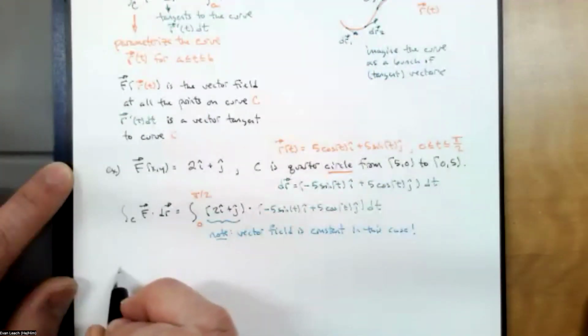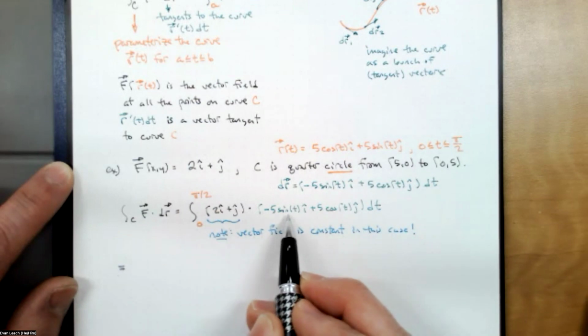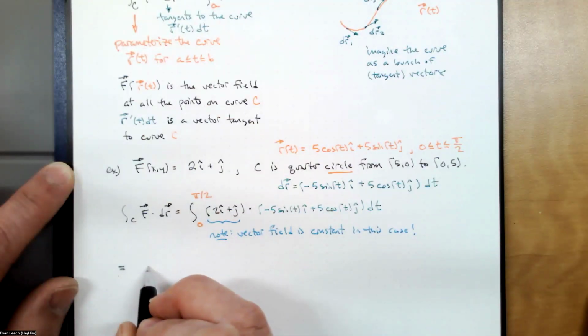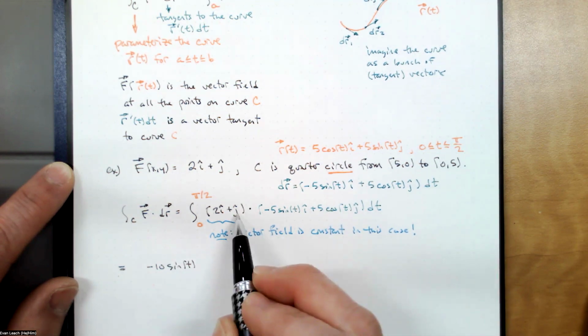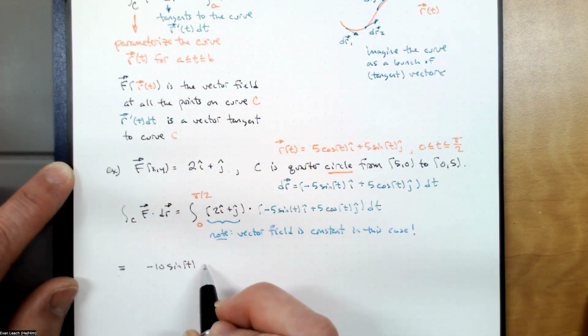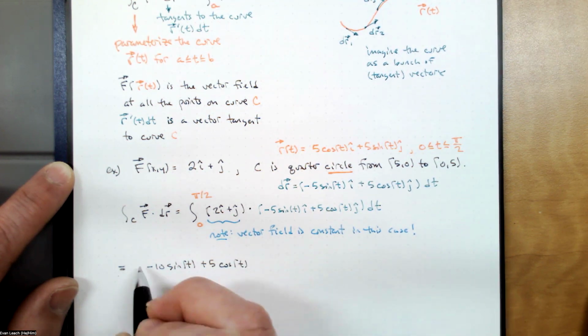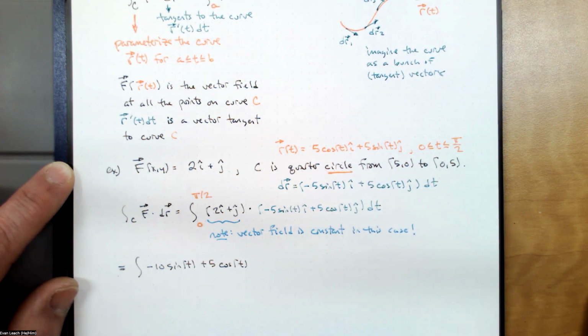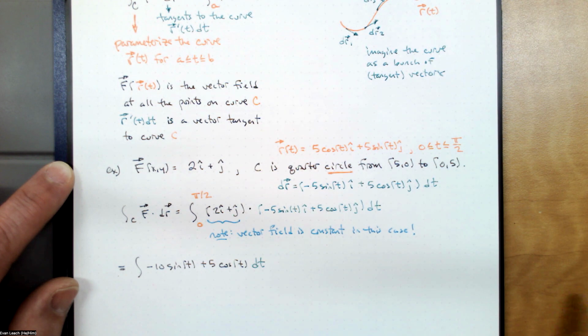So we'll get the integral still from 0 to pi over 2 of 2i times negative 5 sine of t. So negative 10 sine of t plus 1 times 5 cosine of t. So plus 5 cosine of t. And then we integrate this dt from 0 to pi over 2.